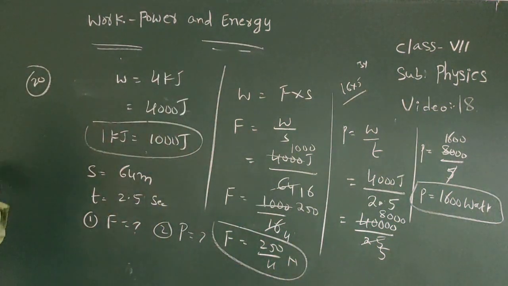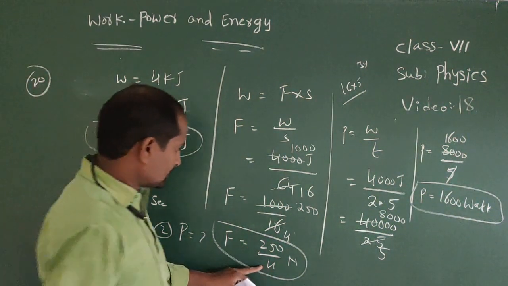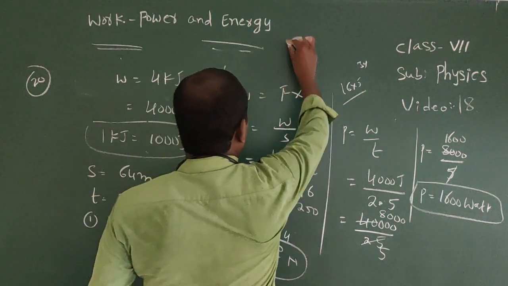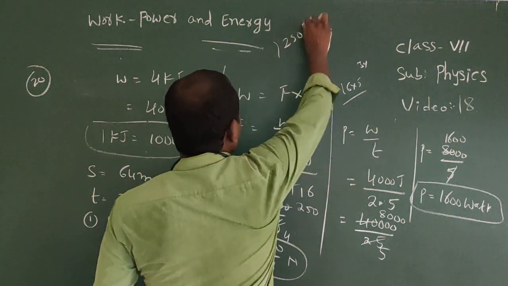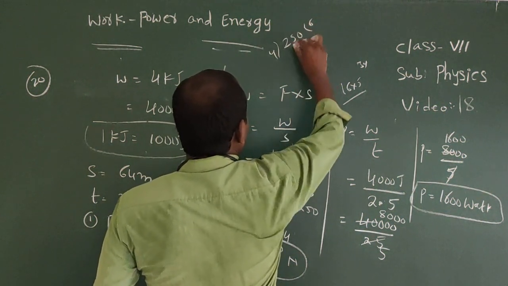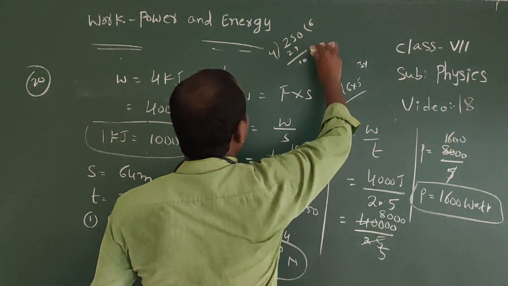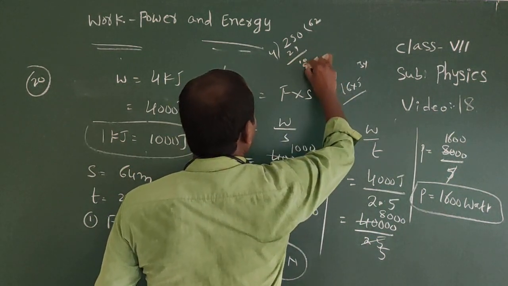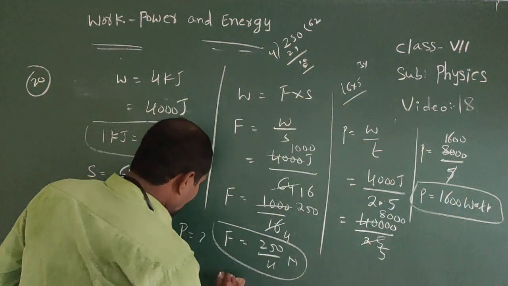4000 by 64. So 250 by 4, which we can divide out to get 62.5.